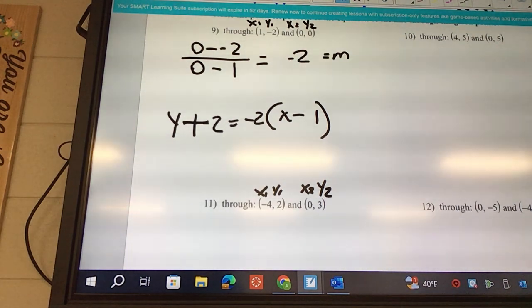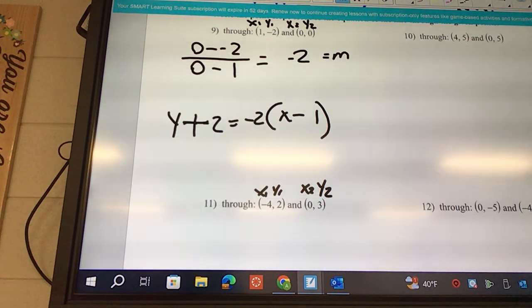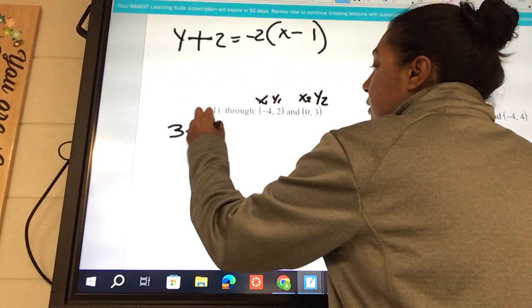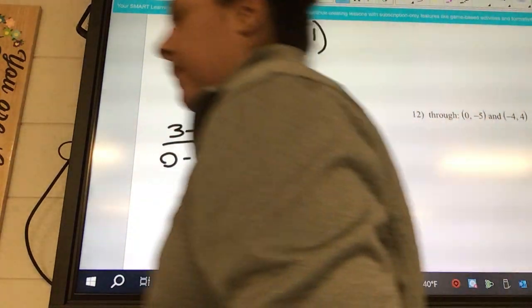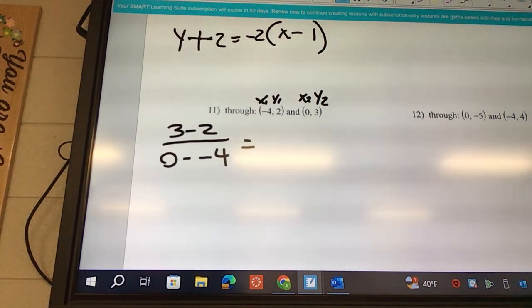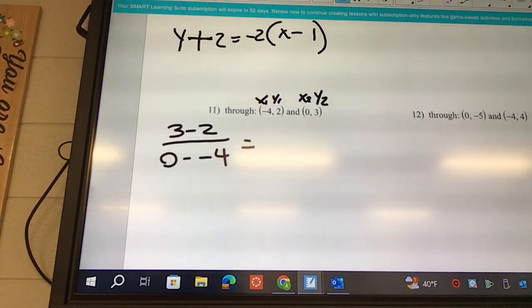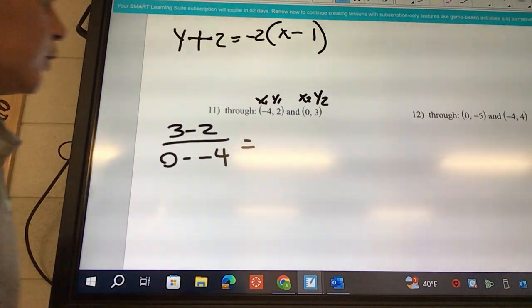You're going to say y2 minus y1, so it's going to look like 3 minus 2 over x2 minus x1. Type that in, see what you get. 1 over 4.